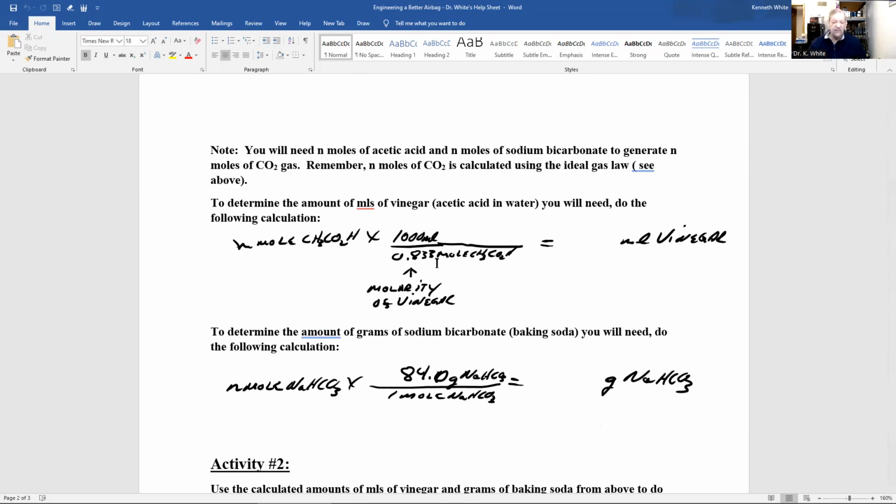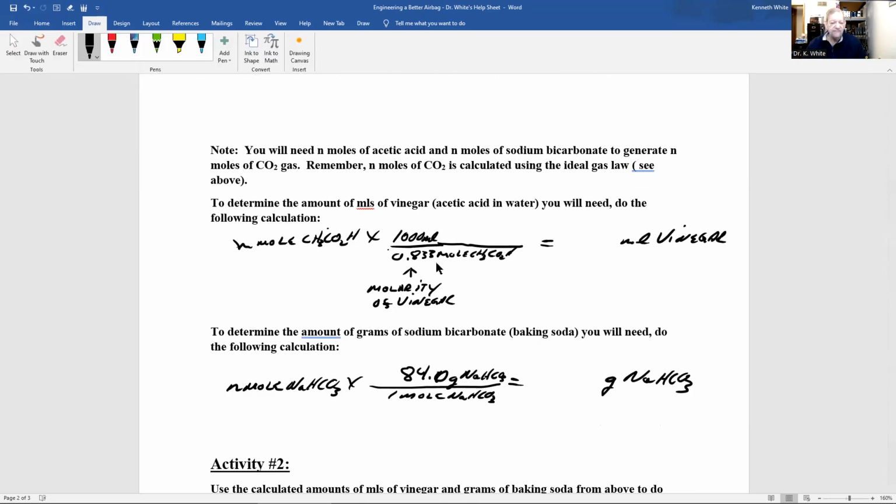And where do we get this number? This number is the molarity.